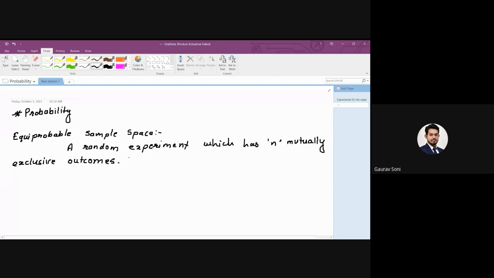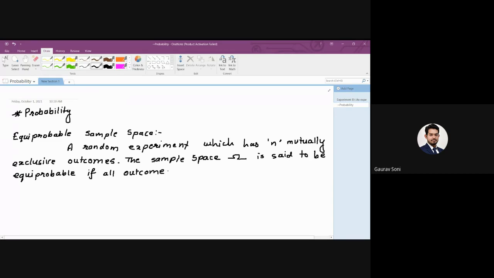The sample space sigma is said to be equiprobable if all outcomes are equally likely.